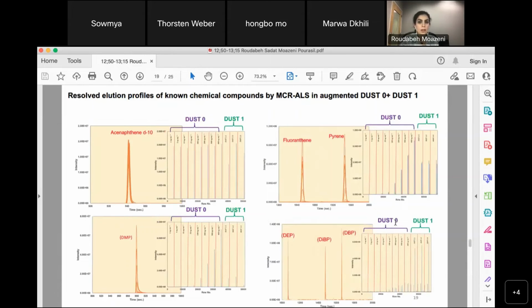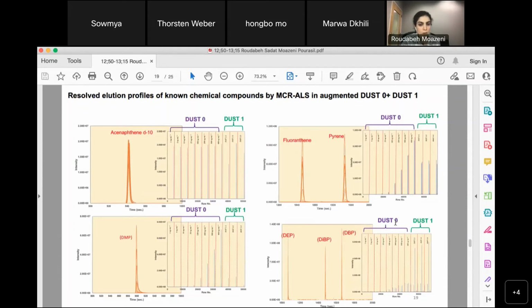This slide shows the same chemical compounds for dust 1 augmented by dust 0, and as you see, the internal standard peak heights are more or less the same as dust 0.